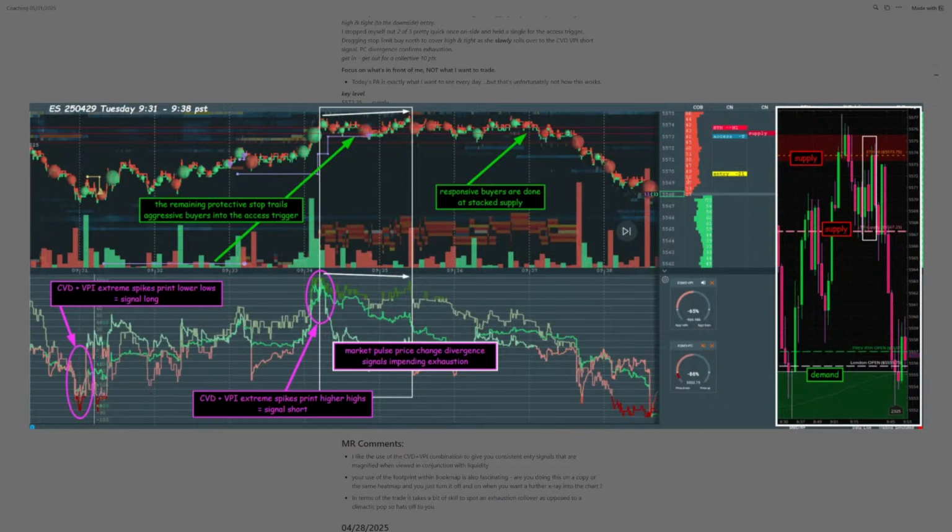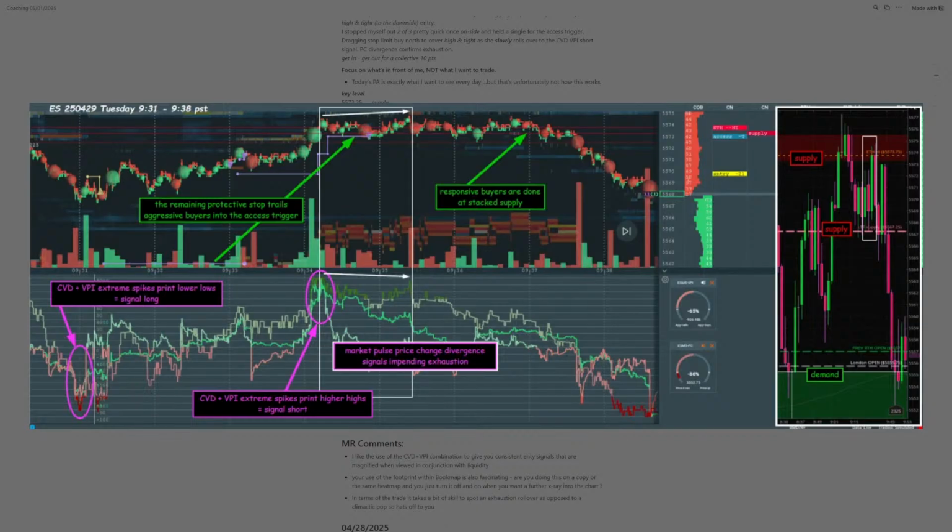Not so much for you, you've been in here for a long time. It's for others. So your higher time frame impetus, your higher time frame levels, and then looking at time of day, and then your setup checklist.